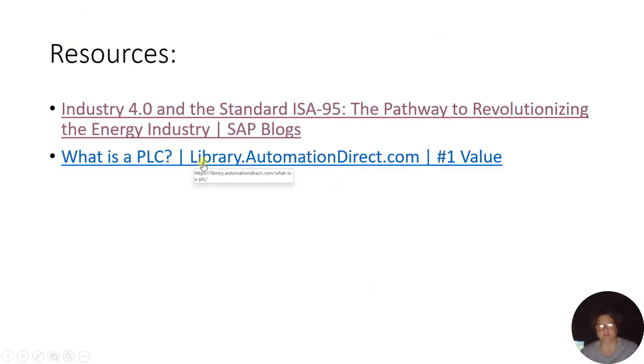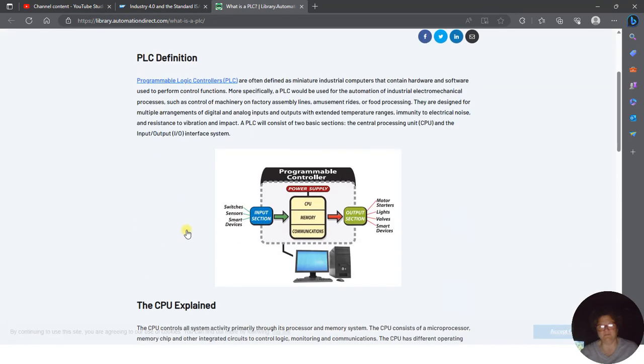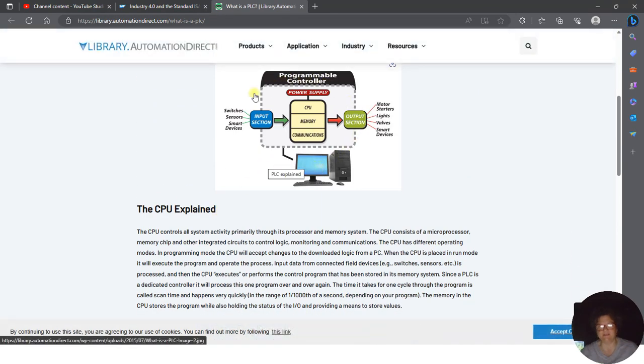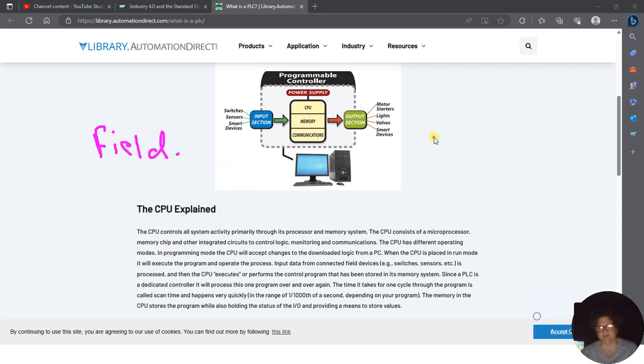The other one is just Automation Direct with basic education of how a PLC runs. And to me, understanding this as far as how your data is coming through here and where your outputs are going to be, then that will allow you to segment field devices and then your SCADA side.